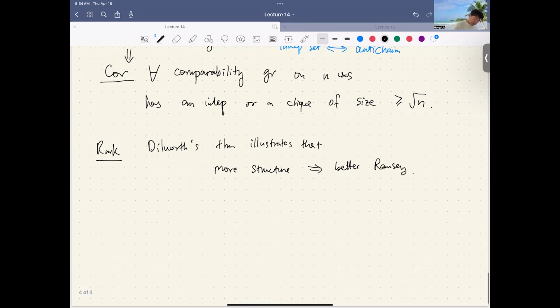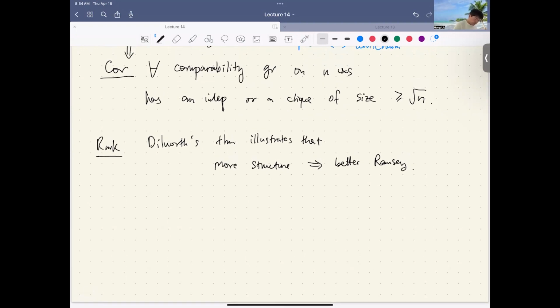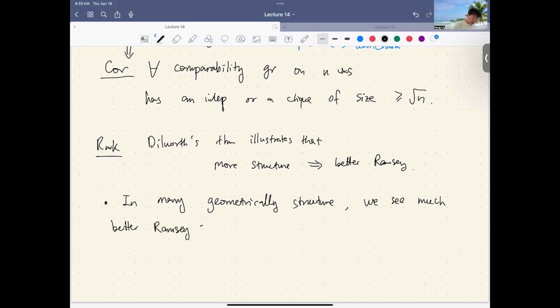And so next, in this application, we will see a general phenomenon: in many geometrically defined structures, we often see much better Ramsey statements than this log n. We will see some today.